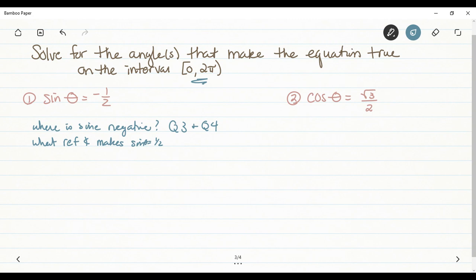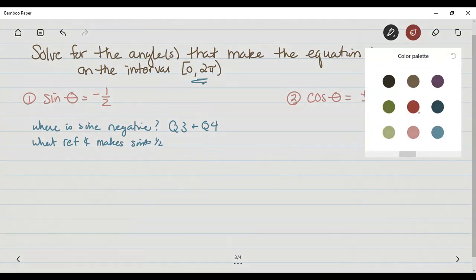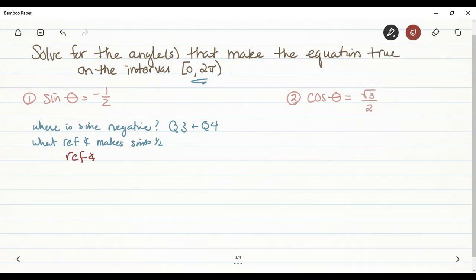And in this case, our reference angle is equal to 30 degrees or pi over 6. We are in radians for our interval, so we're going to be looking at pi over 6. So in quadrant 3, if our reference angle is pi over 6, that means our quadrant 3 angle is equal to 7 pi over 6.